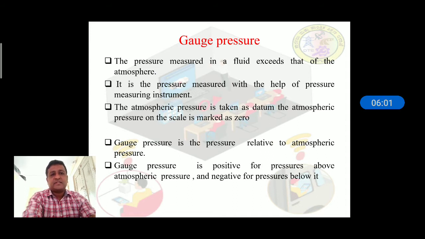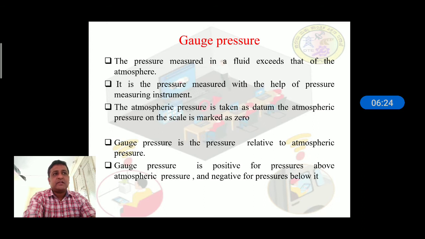The next topic is gauge pressure. Gauge pressure is the amount by which pressure measured in a fluid exceeds that of the atmosphere. It is measured with the help of a pressure measuring instrument.